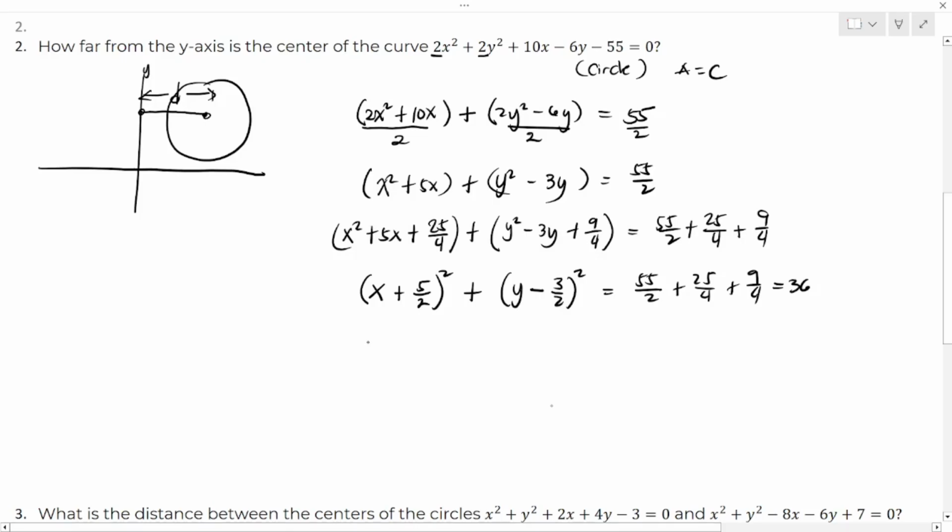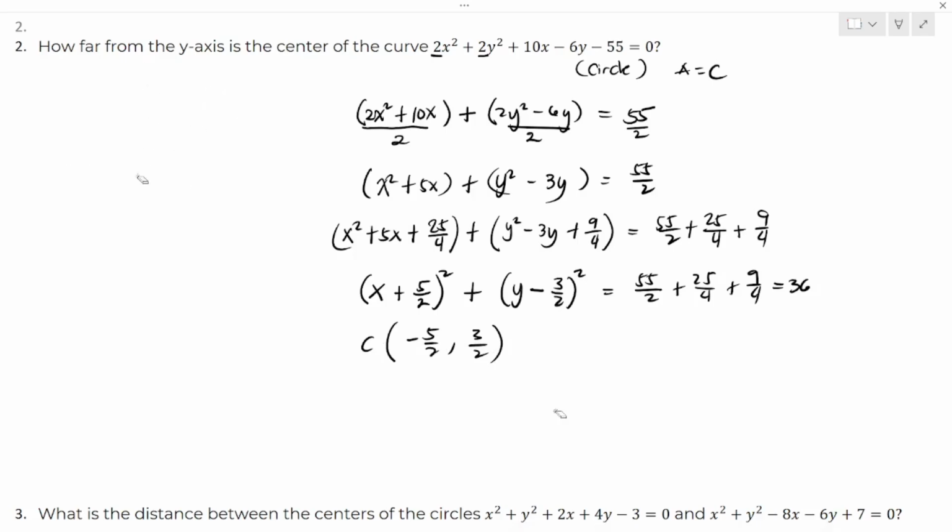So, therefore, yung center natin would be at negative 5 over 2. Kung positive yan, magiging negative. And then, we have here negative, magiging positive yan. So, negative 5 over 2, then 3 over 2. That is our center. So, if we will be drawing our x and y axis here, this is our y and this is our x-axis.